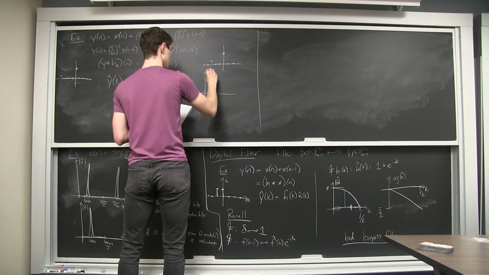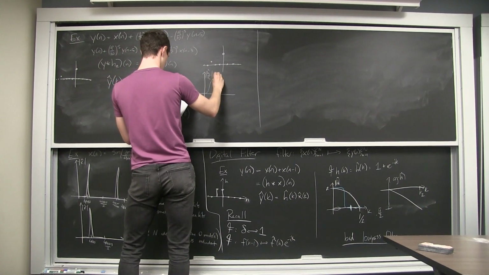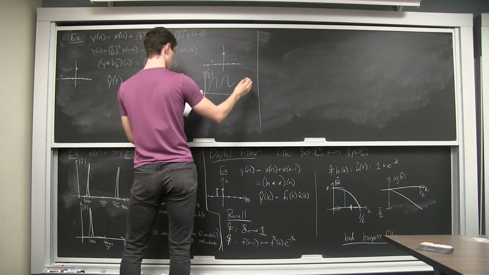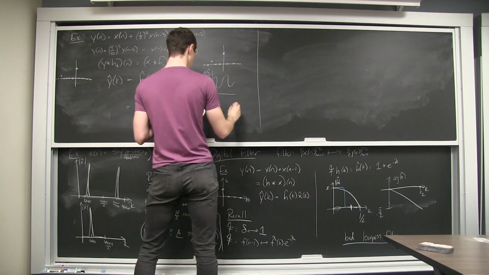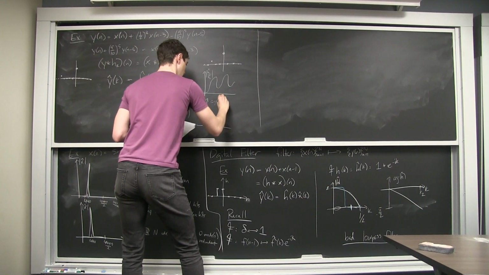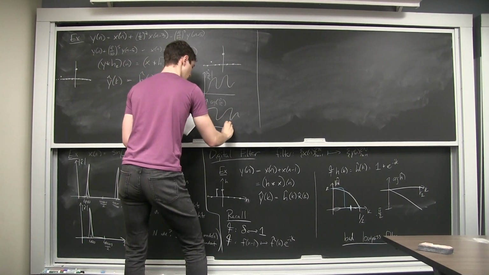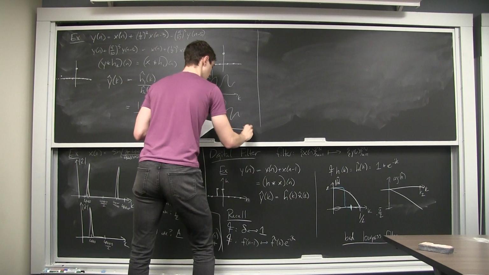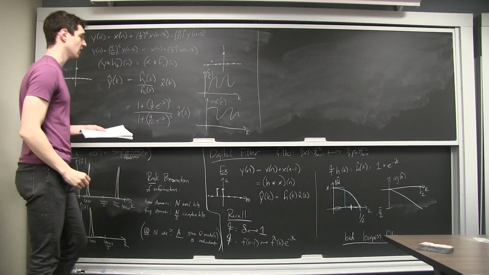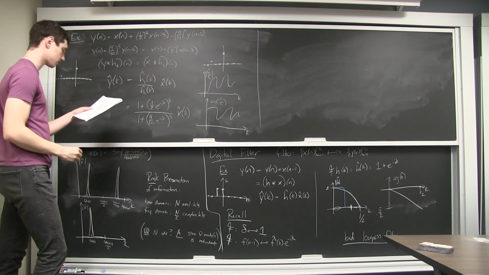Very roughly, this is the modulus of h1 hat over h2 hat, and the argument of h1 hat over h2 hat looks something like this. Okay, whatever. Not especially concerned about exactly what this filter does. It's just another example filter where we're trying to understand how it works.